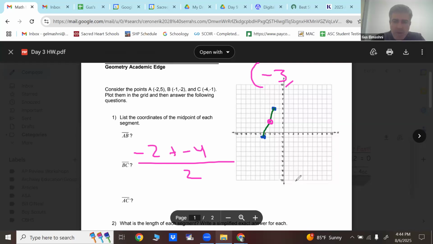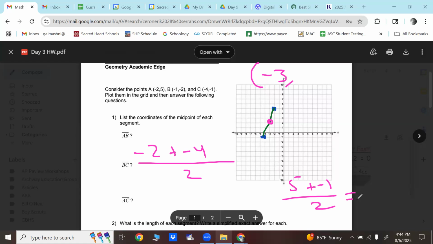Well, it's halfway between 5 and negative 1. 4 over 2, so 2. Because it's halfway between negative 1 and 5.